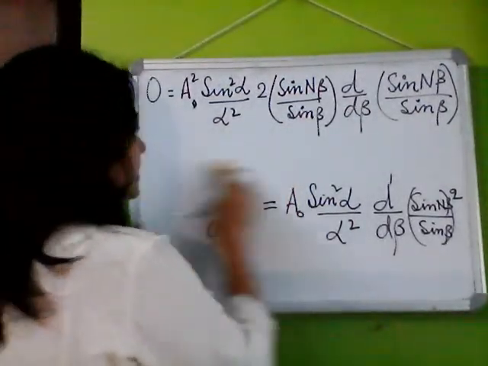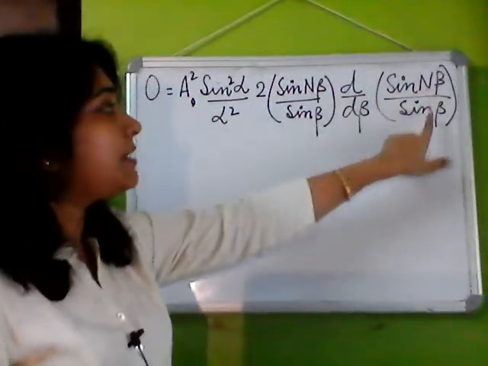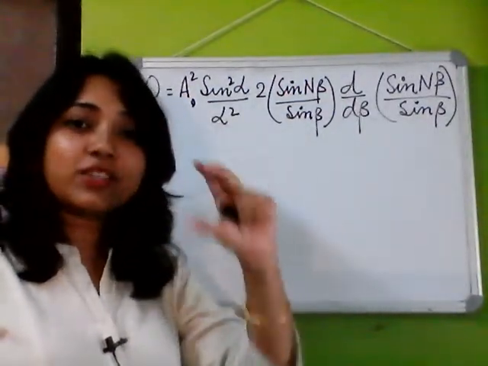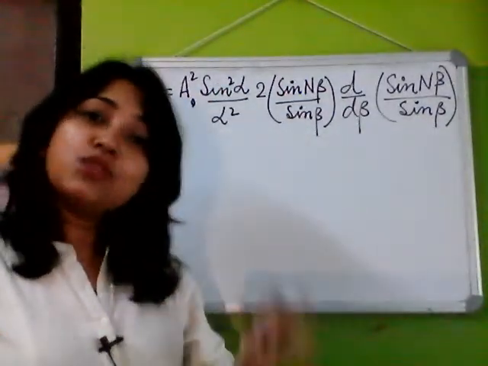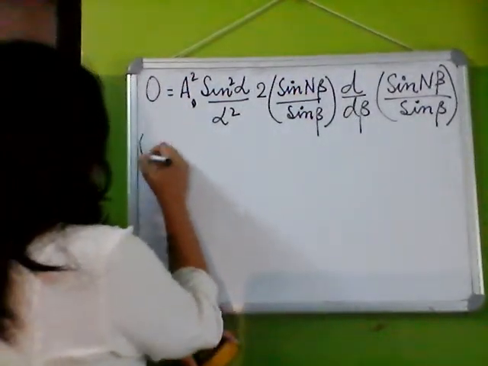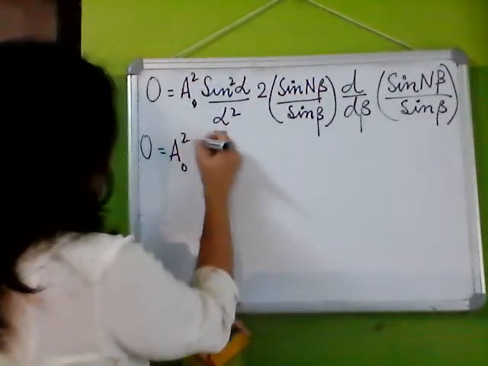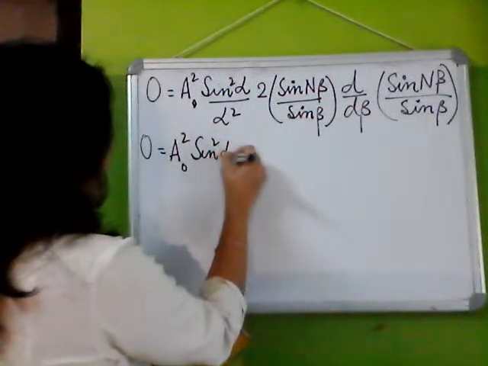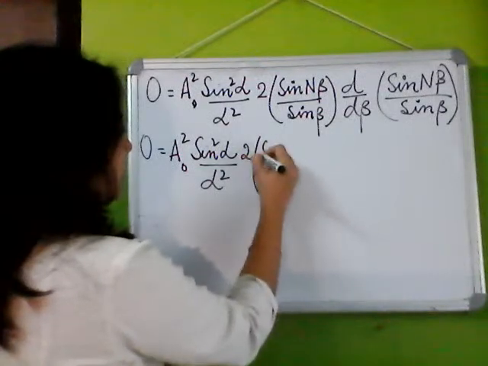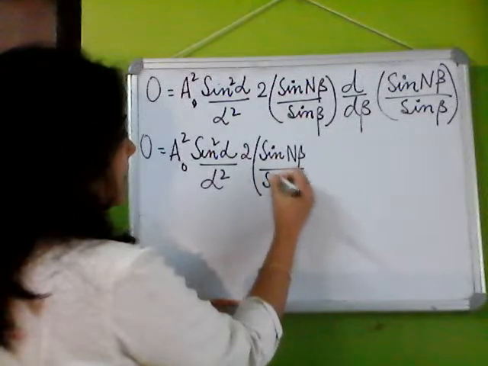So moving forward, when I have to differentiate this term sine n beta by sine beta, this is like differentiating a quantity which is having a numerator and a denominator. So we will use our formula like that. So if I keep this as 0 is equal to this part as common, let me write it down anyway. Sine square alpha by alpha square 2 of sine n beta by sine beta.